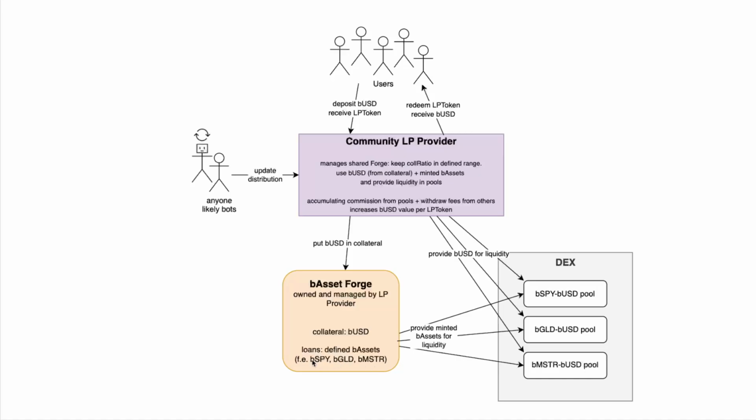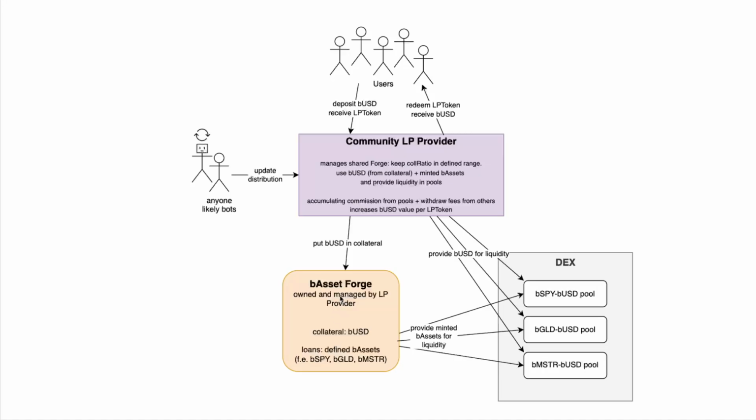So to say, they could say 50% of the assets should be used for SPY, 25% for gold, and 25% for MicroStrategy, or MicroStrategy just 10% or whatever. I guess they will define it for up to 5 assets, because above that it might be too expensive regarding gas and everything to update.